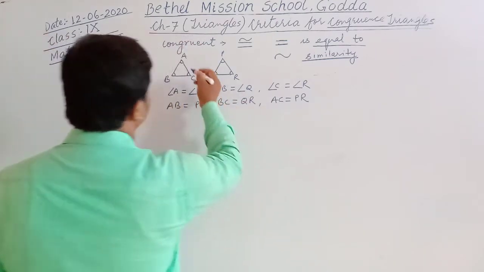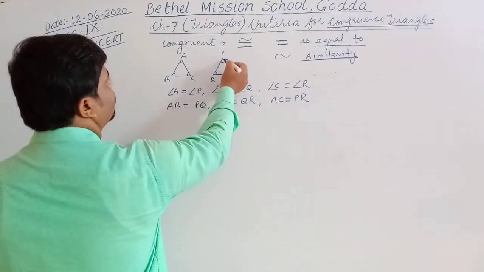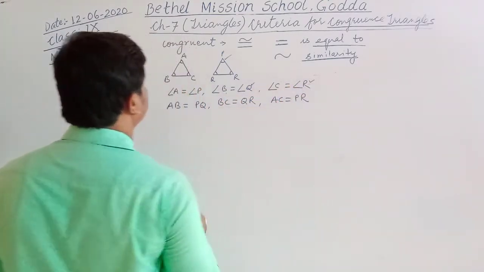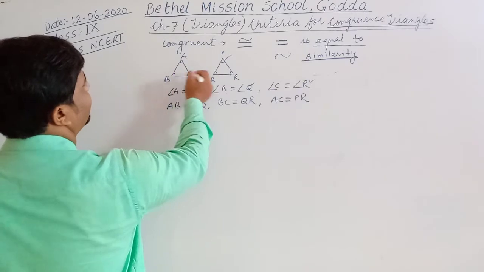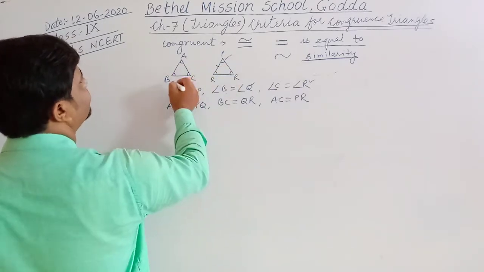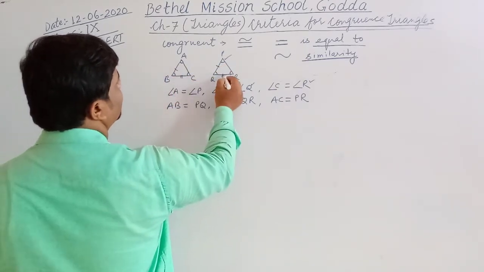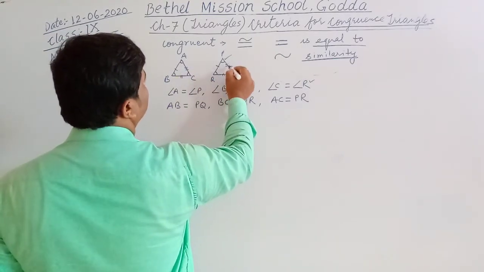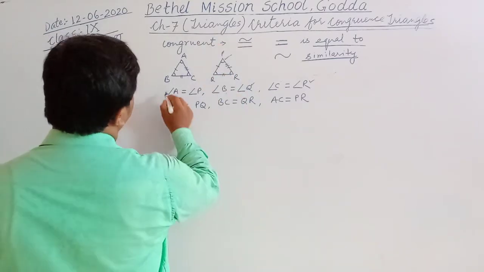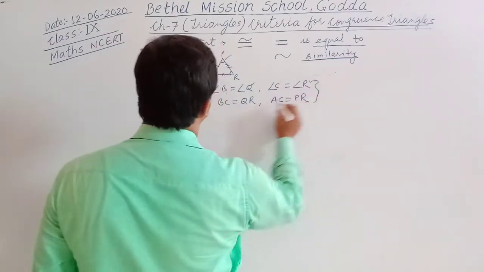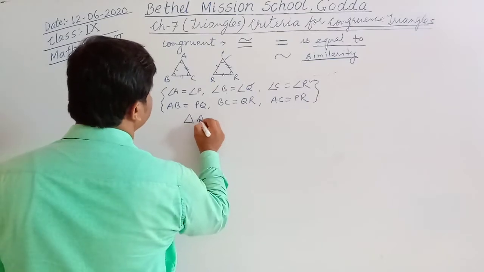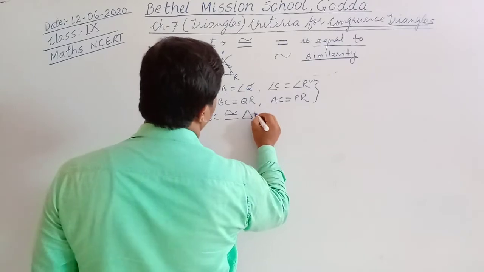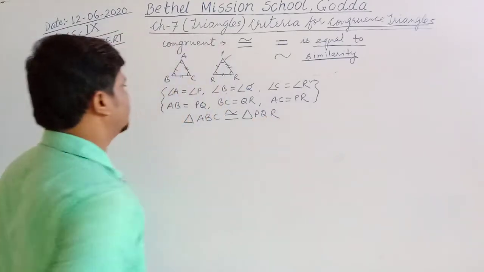You can see angle A should be equal to angle P, B equal to Q, C equal to R, and their corresponding sides AB equal to PQ, BC equal to QR, and AC equal to PR. Then triangle ABC will be congruent to triangle PQR.